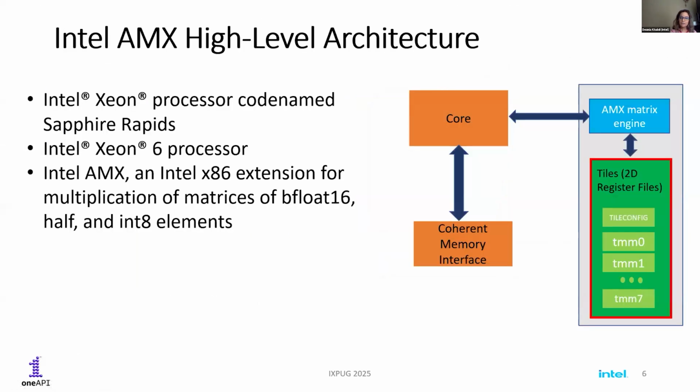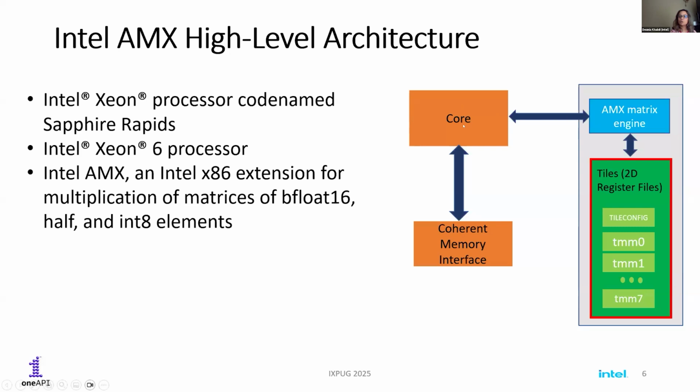On the CPU side, and mostly on the data center side of CPUs, in the tech talk this morning, you guys used SPR, or what we call Intel Xeon processor. And also there is a successor, which is the Intel Xeon 6 processor, or the code name is Granite Rapids. So we have 2 now, Sapphire Rapids and Granite Rapids. They both have the Intel AMX unit, which is embedded with the core.